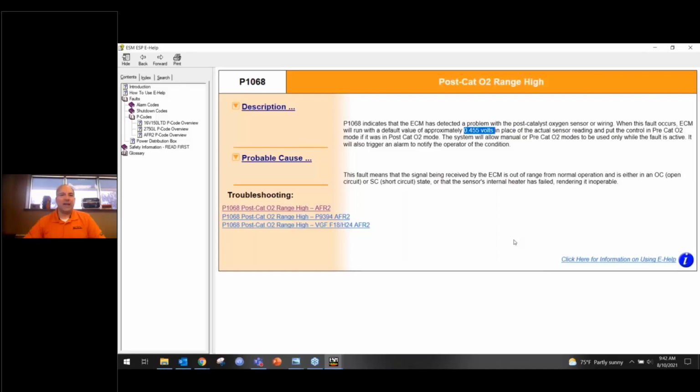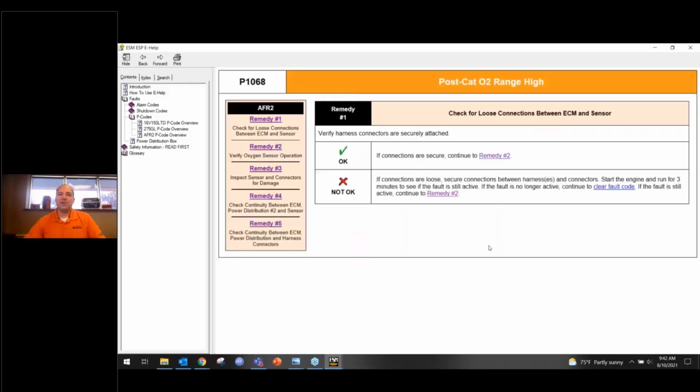One of the things we have is if you have a sensor that goes dead, it's going to trigger a fault, but it's also going to display a default value. So if you saw 0.455 volts, you might say, well, it's reading something. But there's a fault that's active, and this is the default instead of just reading a 0. So in this instruction, it says to make sure all your connections are good.